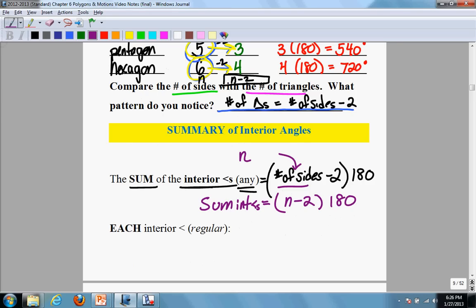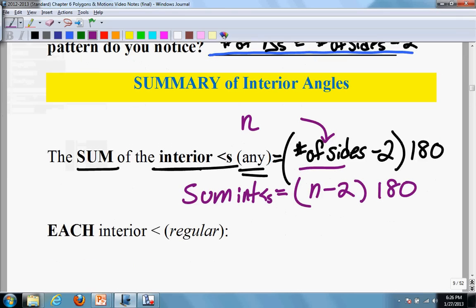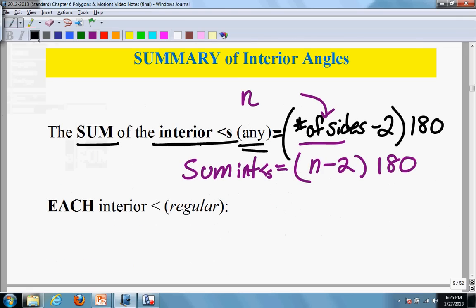Now, let's say I have a regular polygon, where all the sides are equal. To get a single angle, all you do is take whatever the sum is and simply divide by the number of sides.